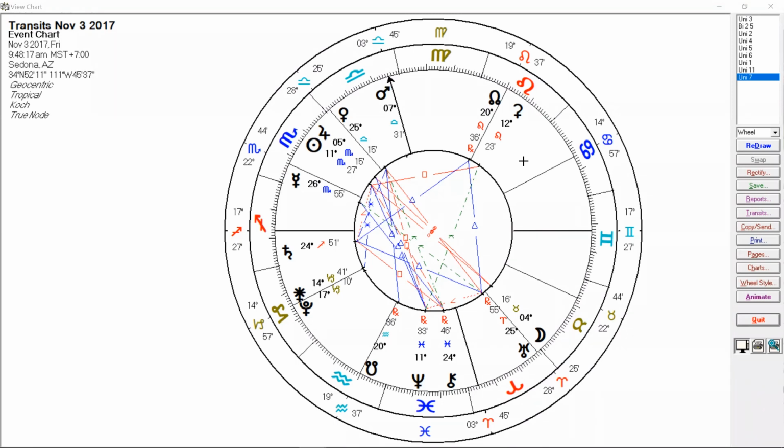So a typical moon in Taurus doesn't want to face the problems, doesn't want to confront the shadows, the pain.